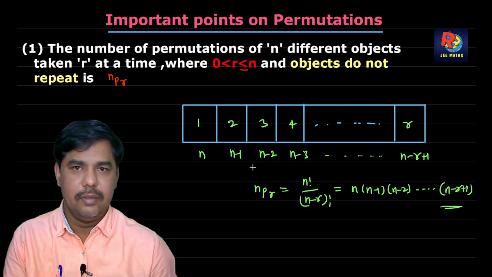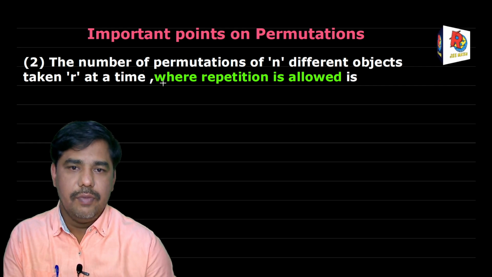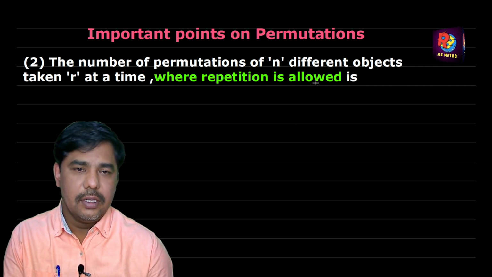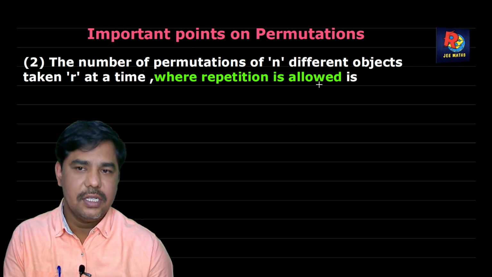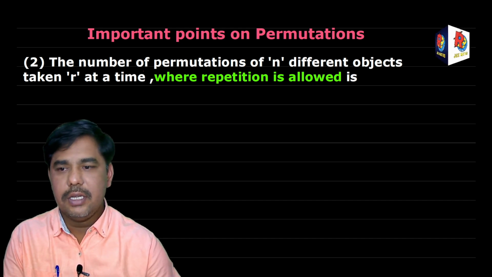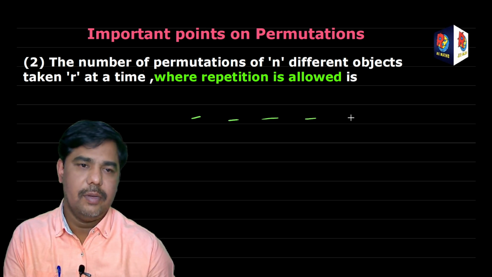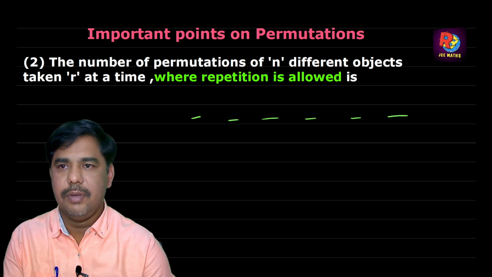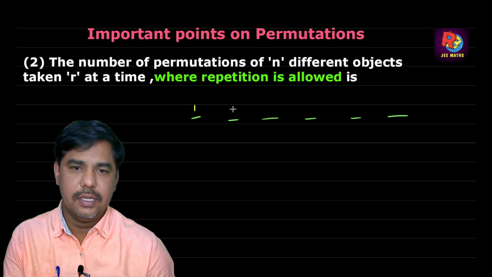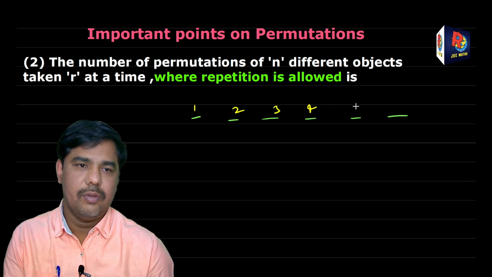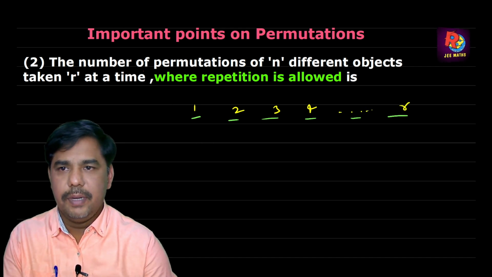This is when objects are not repeated and r is less than or equal to n, then we can apply this formula. Next, if the objects are repeated, that means repetition is allowed. When repetition is allowed, observe this. If you have taken any number of places, the same number of places we can take. So this is the first place, second place, third place, fourth place, and so on, rth place. Repetition is allowed now.